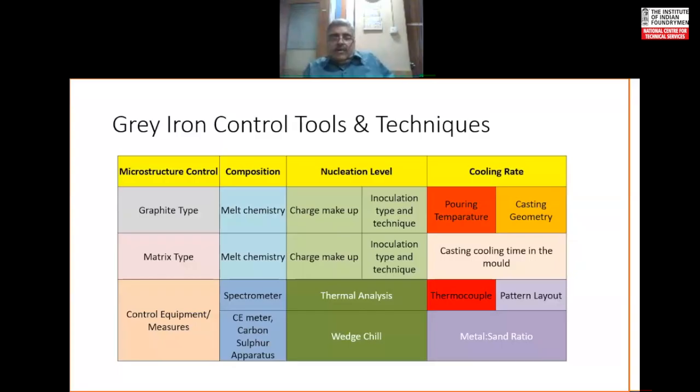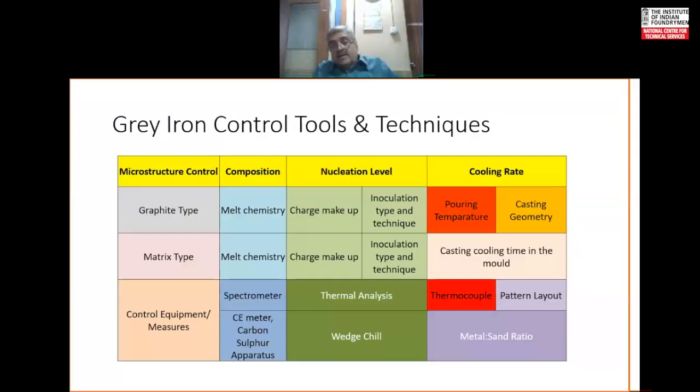And so the total amount of metal being poured in the mold, and how much surrounding sand there is in the mold, matter, because finally the heat is going to get conducted through the sand which is surrounding the metal. So metal to sand ratio is very vital.